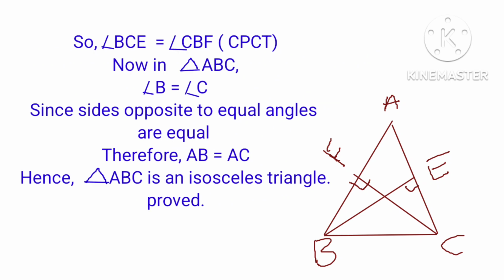So angle BCE is equal to angle CBF by CPCT. Now in triangle ABC, angle B is equal to angle C. Since sides opposite to equal angles are equal, therefore AB is equal to AC. Hence, triangle ABC is an isosceles triangle, proved.